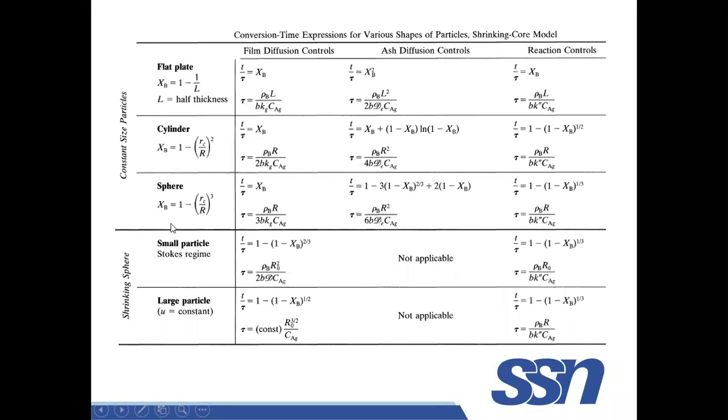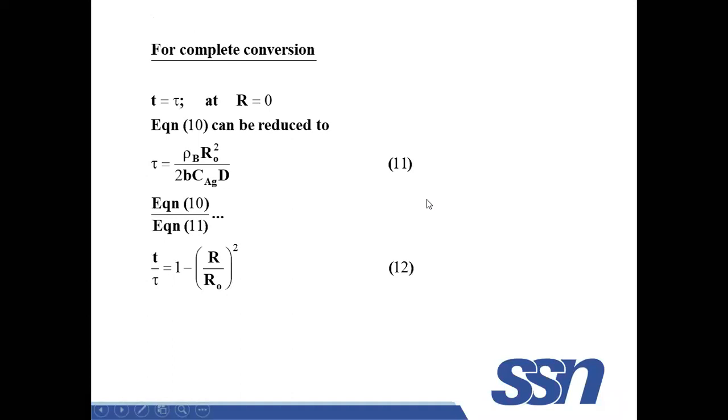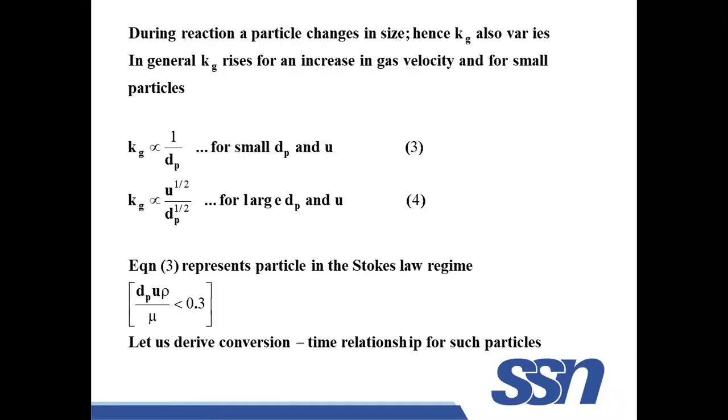The other thing, what is more important, is if the particle is not a constant size. If the size is changing, then still we have to get what will be the expression for film control, what will be the expression for ash control, what will be the expression for reaction control. Further, what we have to do, we'll see now, right?